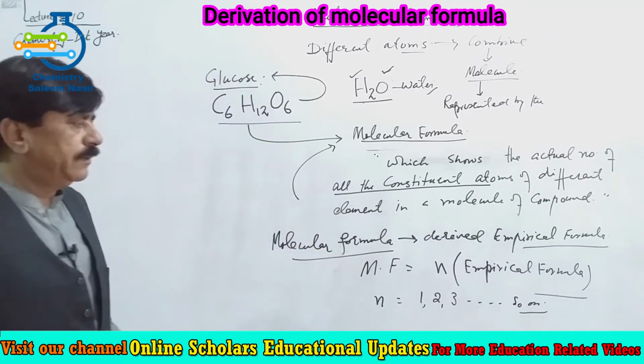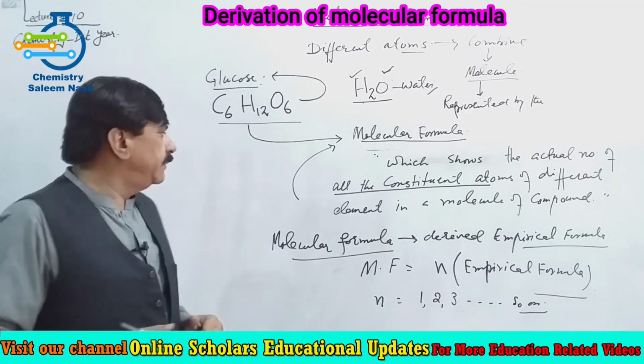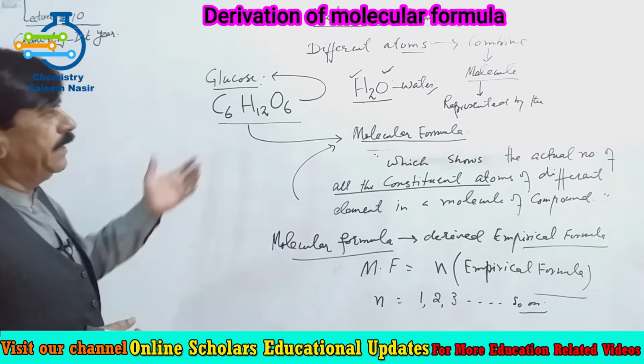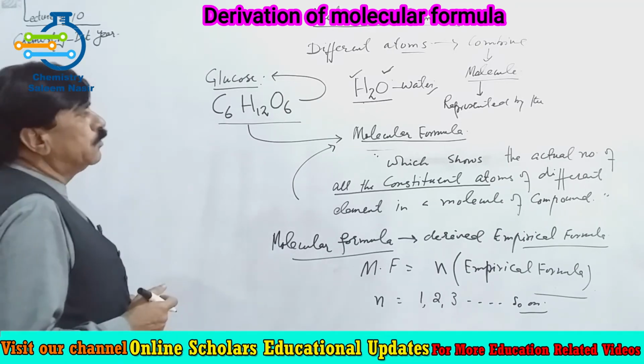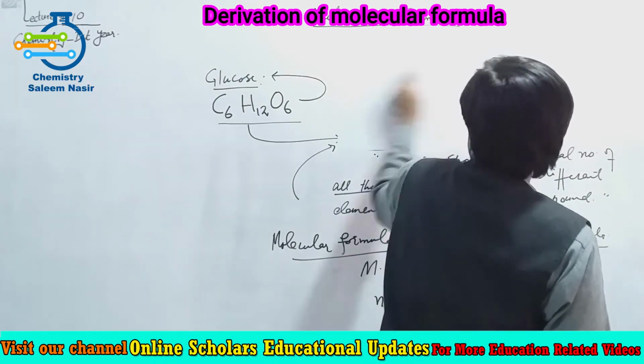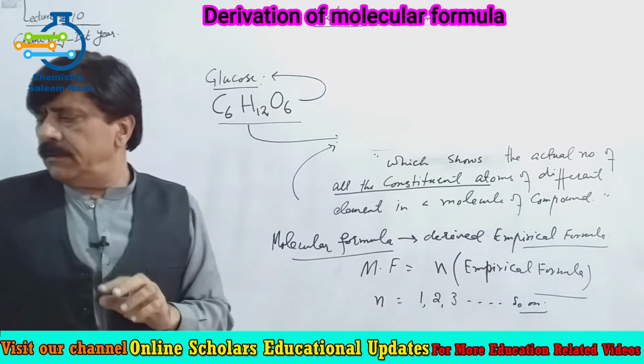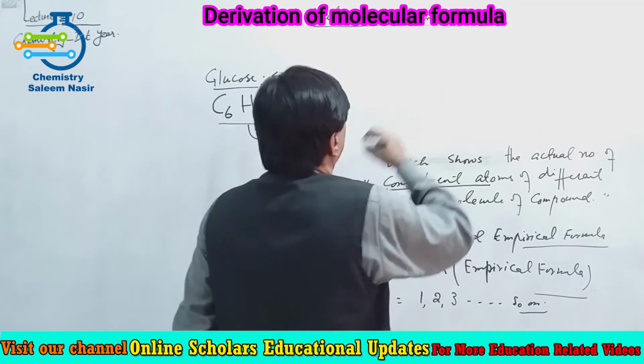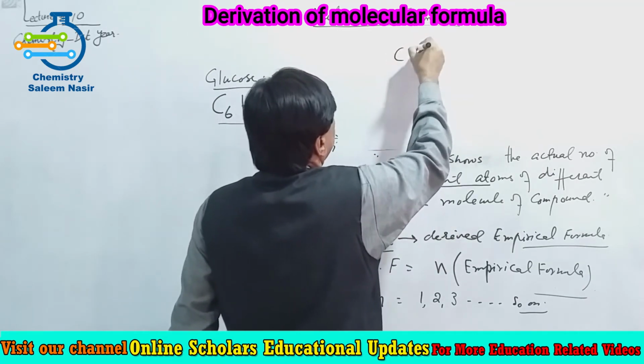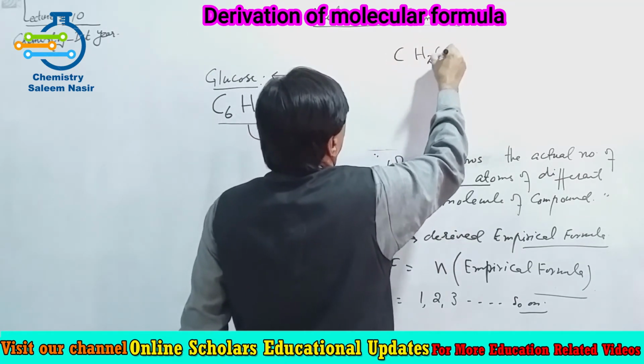For example, we consider glucose again. The empirical formula of glucose is CH2O.